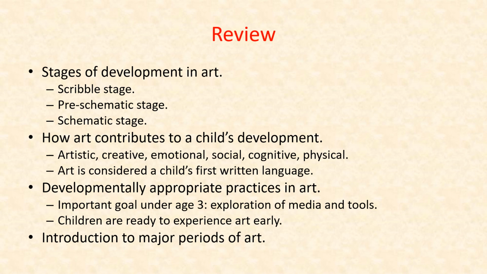Then we focused on developmentally appropriate practices in art, and we indicated that it's an important goal under age 3 to allow children to explore both media and art tools. And we pointed out that children are ready to experience art pretty early as age 1, a lot earlier than a teacher might think for some of the media. And then we finished by taking a look at an introduction to several of the major periods of art.